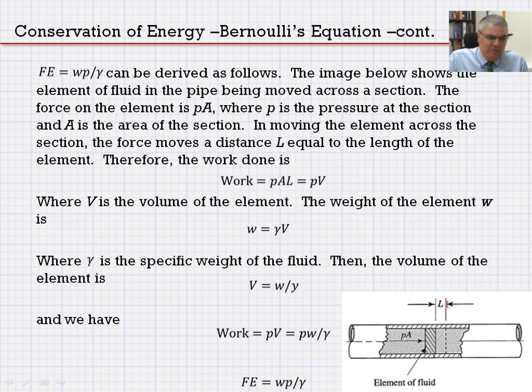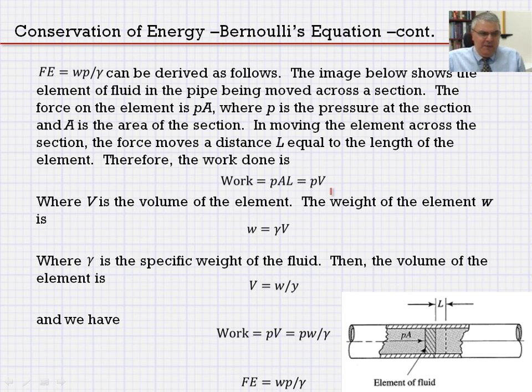That is the distance, moving it by a distance of L. In that case, work that's done should be P times A times L. P is the pressure, A is the area of the element of fluid, and then we multiply that by a distance L, and A times L is nothing but the volume of the element. So A times L is V.